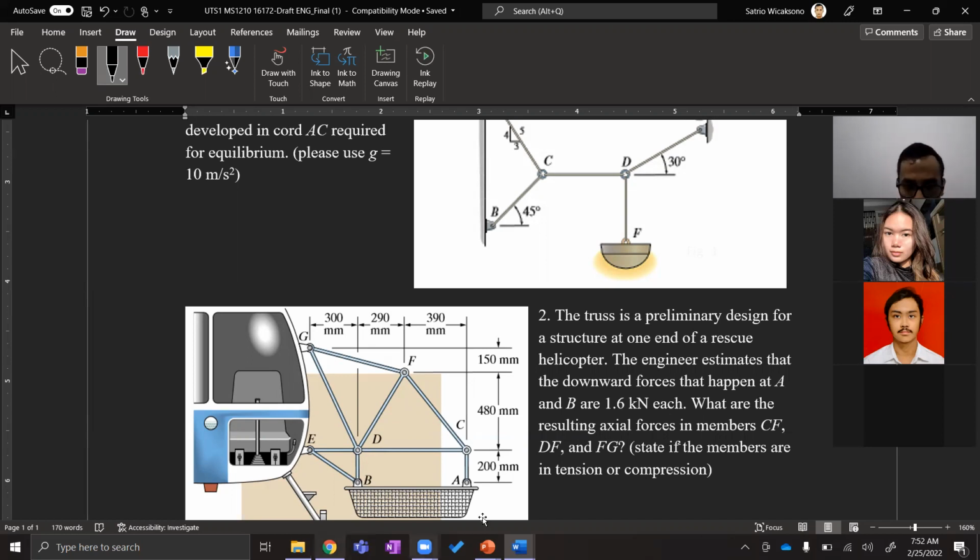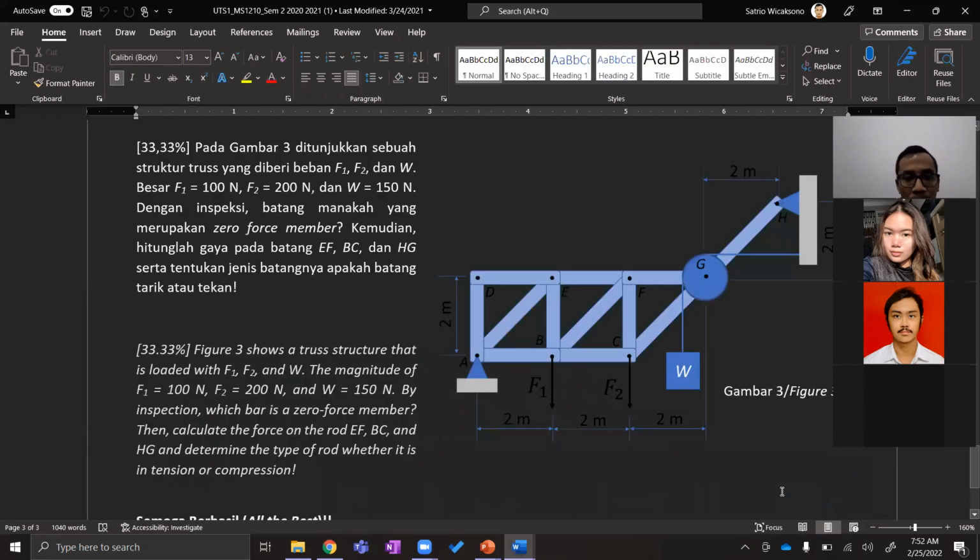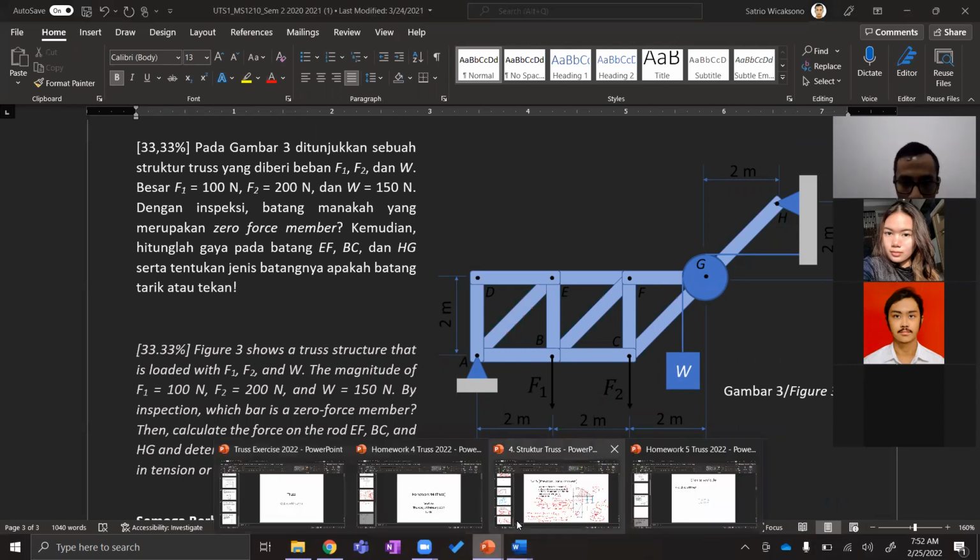Okay, so later I will put it as homework, and let's discuss this problem. It's quite challenging because it has a pulley over there. I already put it in here.